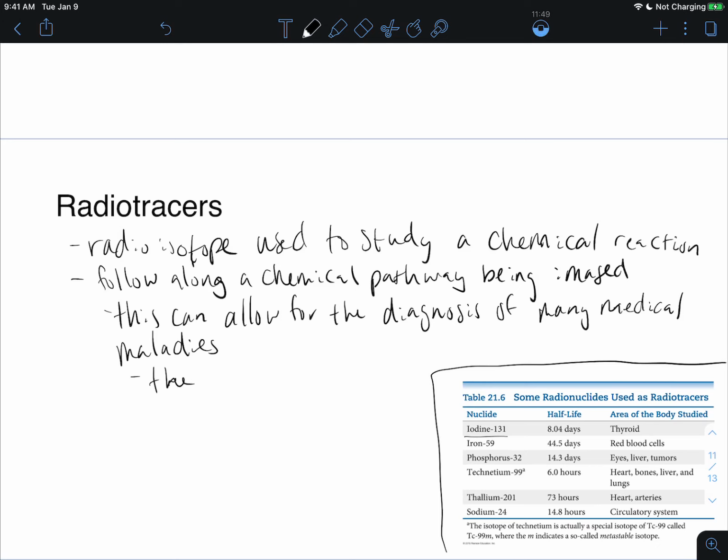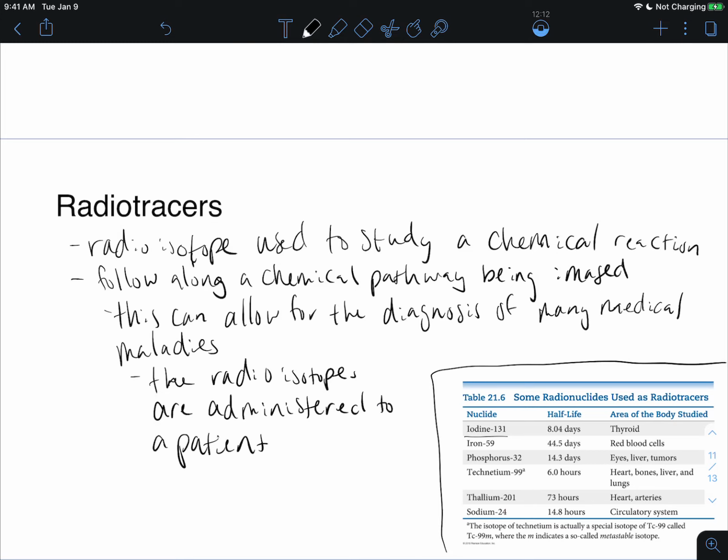So, like I said, the radioisotopes are administered to a patient, generally intravenously, and then followed.